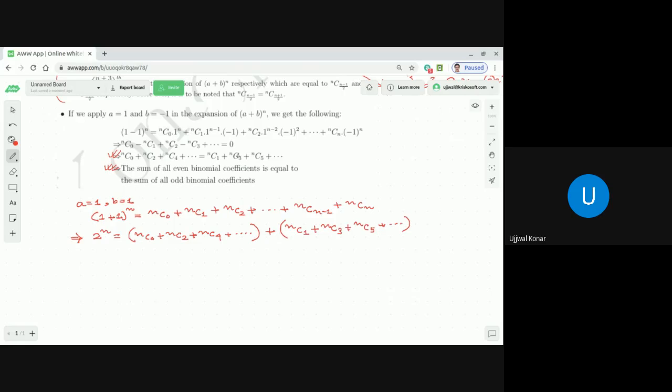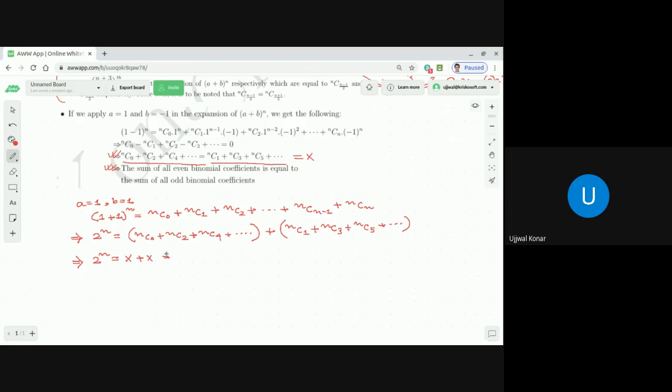So now we just seen that these two are equal, right? The sum of all even binomial coefficients is equal to the sum of all odd binomial coefficients. So that means now let's assume this is X, capital X, suppose. Then what we are going to get? 2 to the power n is equal to X plus X, correct or not, dear students?